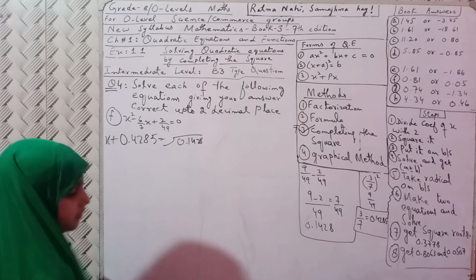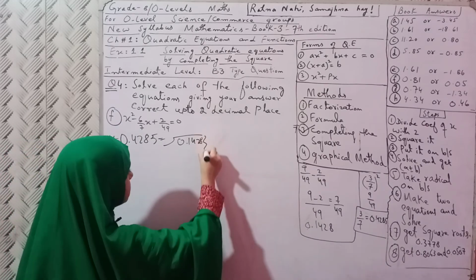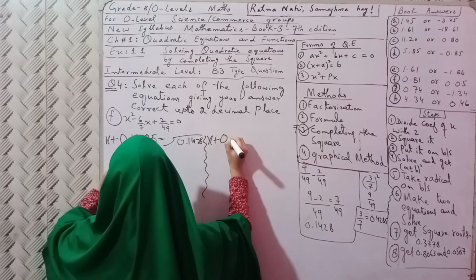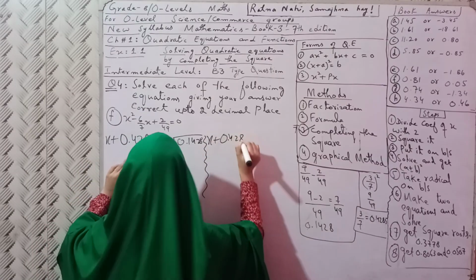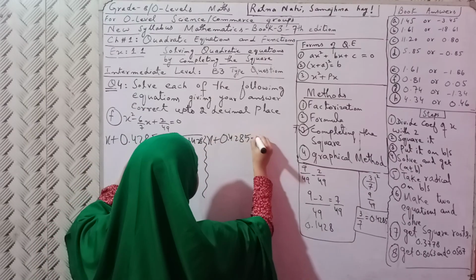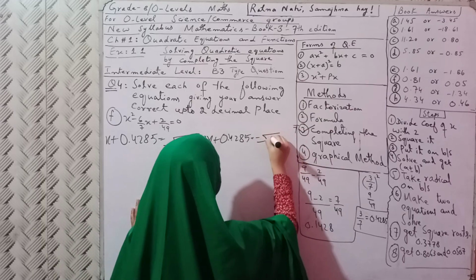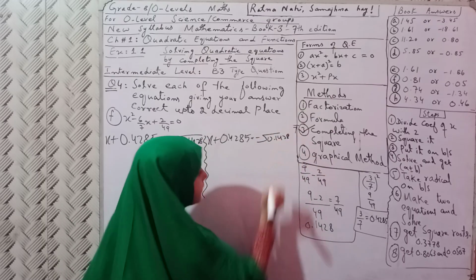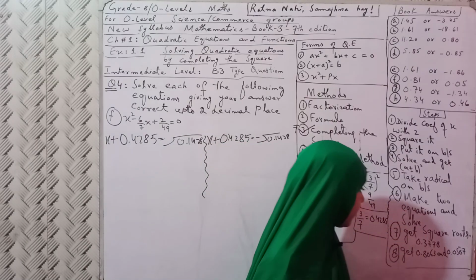Now I can remove it. So here will come x plus 0.4285 is equal to minus radical 0.1428. Now get the square root.